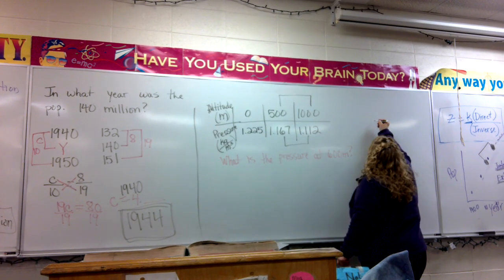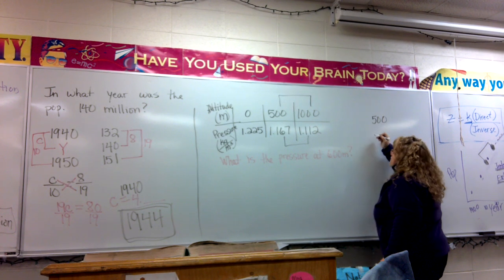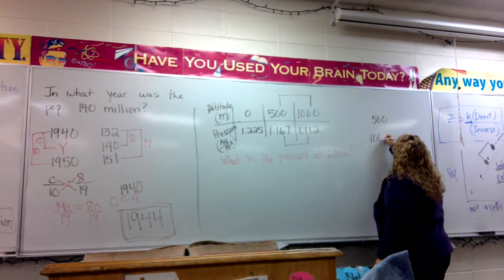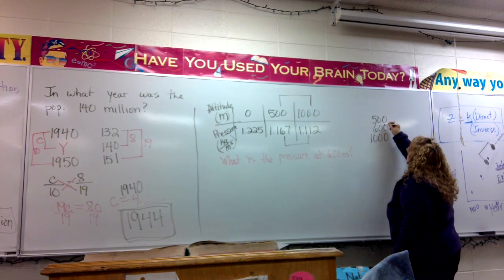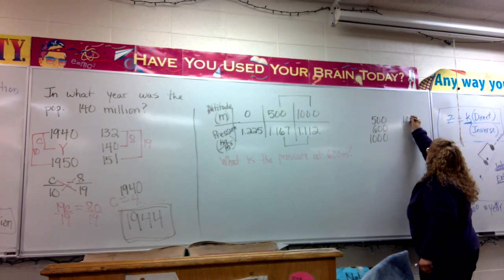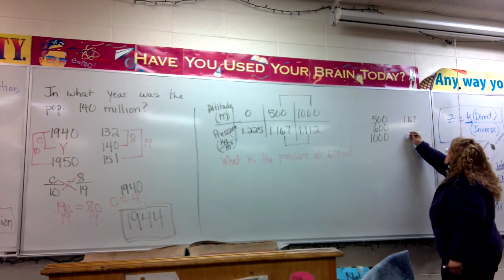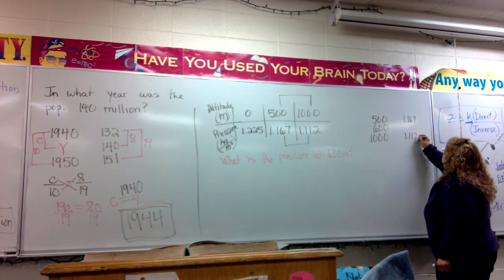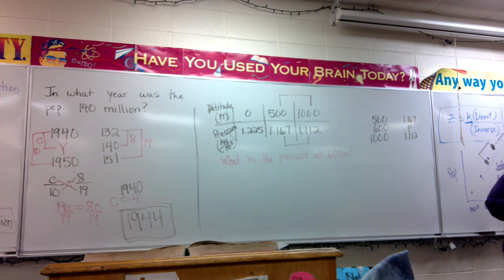So I'm going to write myself over here. I don't like it when it goes sideways like that. I've got 500, I've got 1,000, and I want to know what is it at 600. At 500, the pressure is 1.167. At 1,000, it's 1.112. And I want to know what's the pressure in between there.